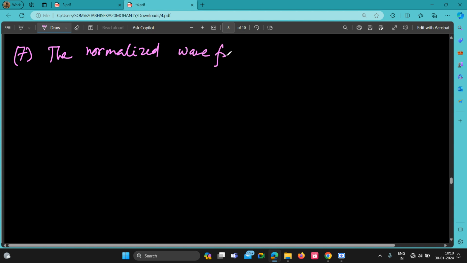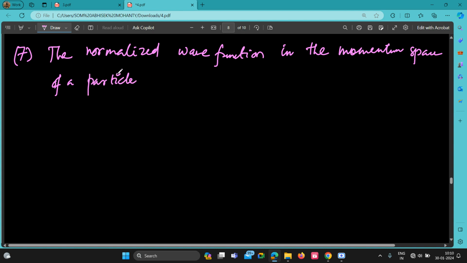The normalized wave function in the momentum space of a particle in one dimension is phi p is equal to alpha by p square plus beta square.